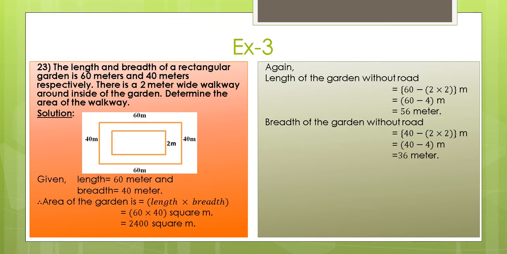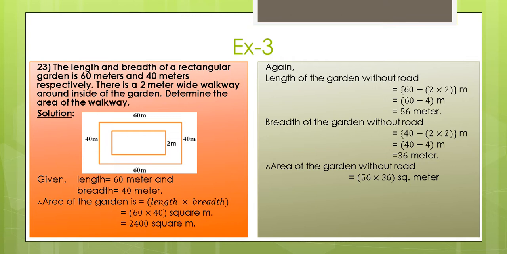Now we have to find out the area of the garden without road, because already we got the length of the garden without road, that is new length is 56 meter, and breadth of the garden without road, that is new breadth is 36 meter. So the area of the garden without road is length multiplied by breadth.